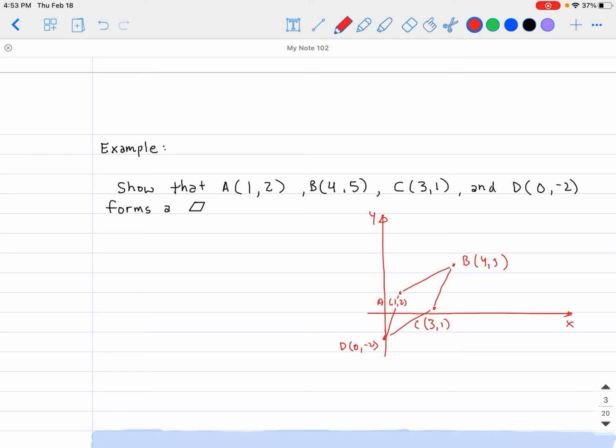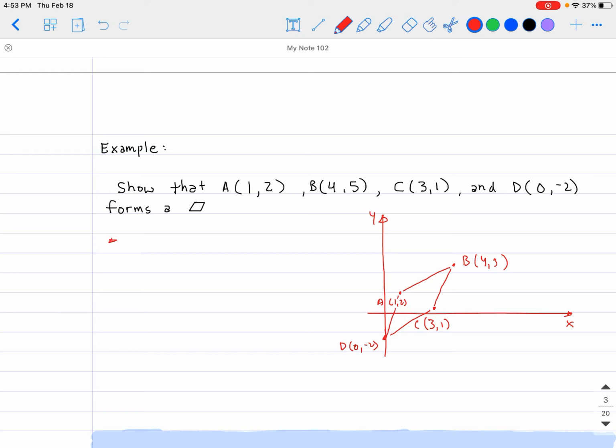The other options are to show that the segments are congruent, or that the opposite angles are congruent. But since we're not dealing with angles when it comes to slope, nor do we know how to find the length of a segment, the only thing we can work off of is to show that some things are parallel to each other.